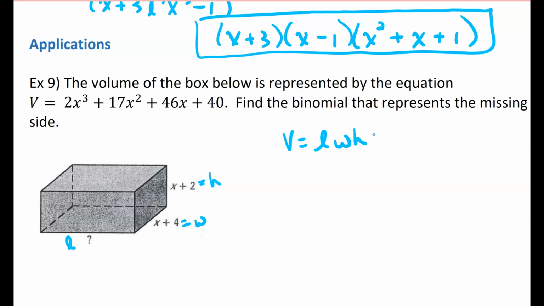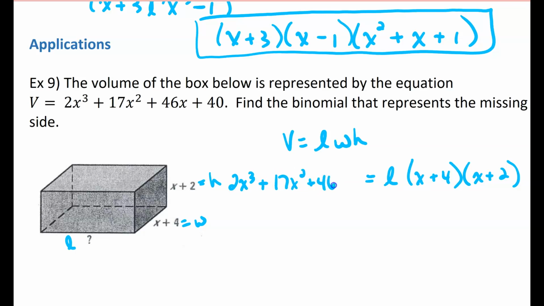All right. So for us, again, the length, that's the unknown piece that we don't know at the moment. So I'll do this. The width is x plus 4. The height is x plus 2. And we know that the whole entire volume is equal to this nice long equation here: 2x cubed plus 17x squared plus 46x plus 40.